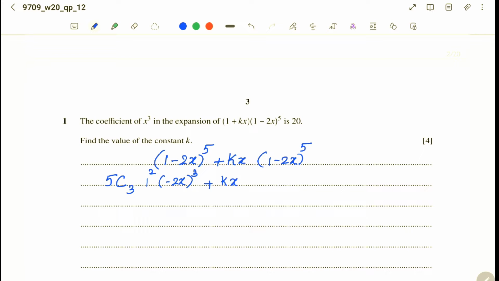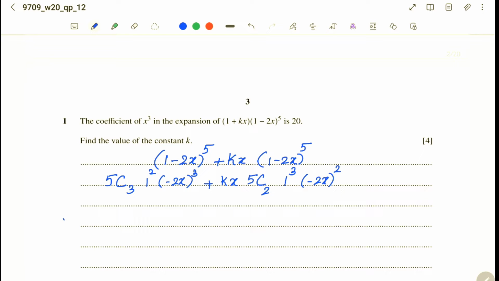Here we already have one x term, so if the x term is multiplied by an x squared term, we will get x cube. To get the x squared term, we write 5C2 · 1^(5−2), which is 1 cubed, times (−2x)^2.